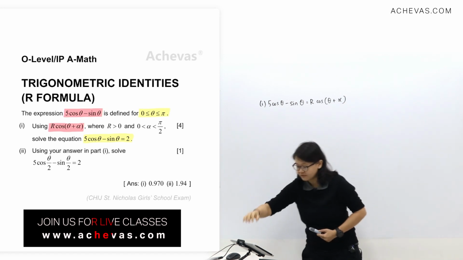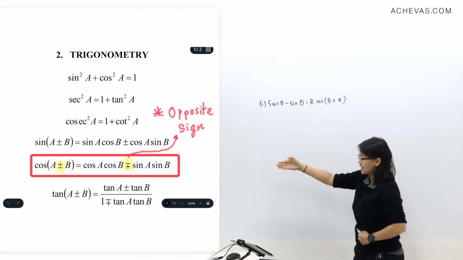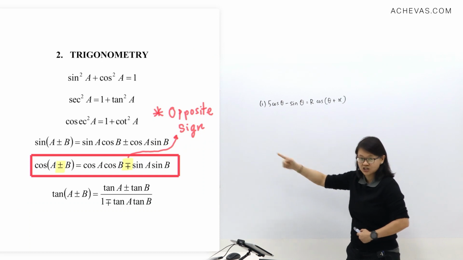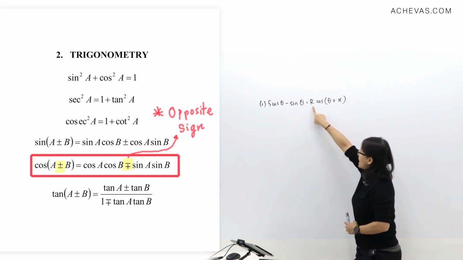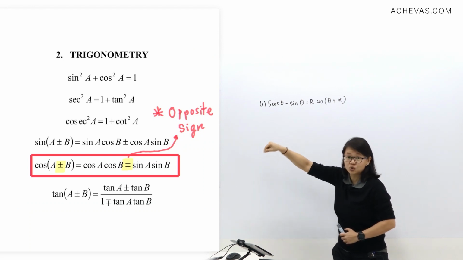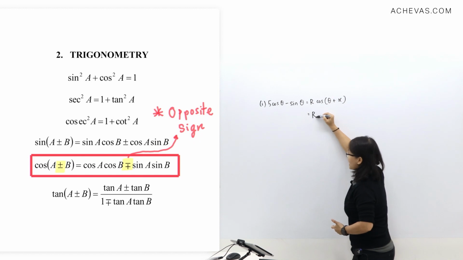So I'm going to go to the formula page and locate the angle addition for cos. Be a bit careful, you're going to use the opposite sign when you change it. So let's do it over here. And remember, we have an extra r here, so I'm going to multiply r to the left and to the right. So what I will be having here will be r.